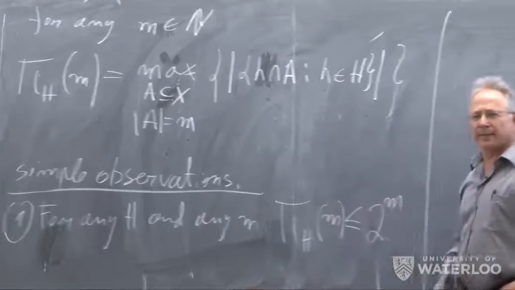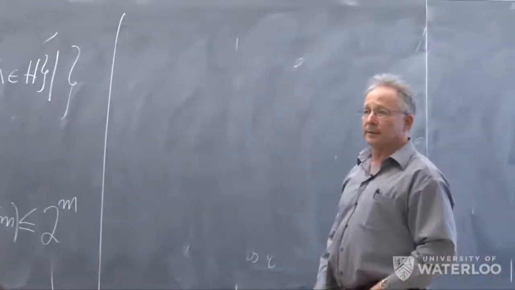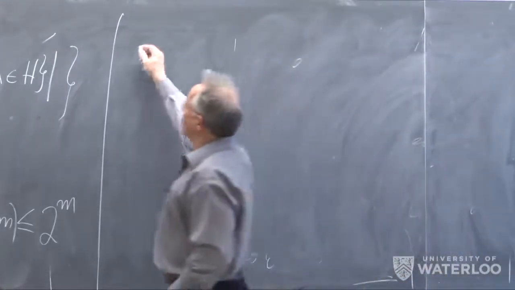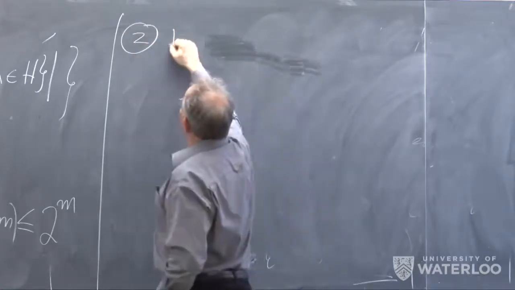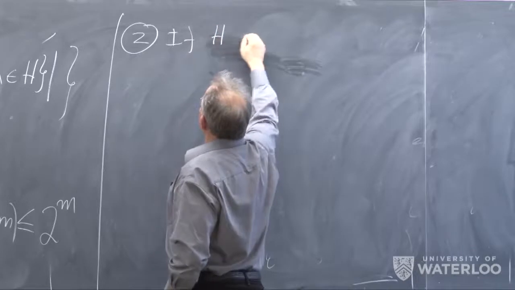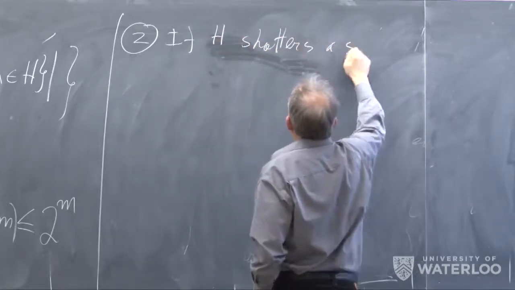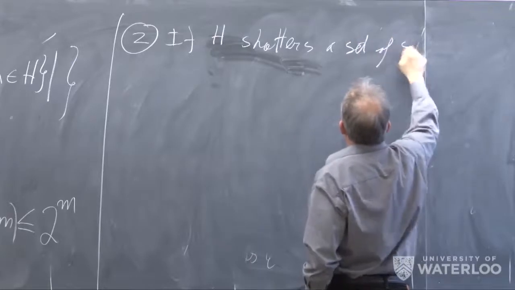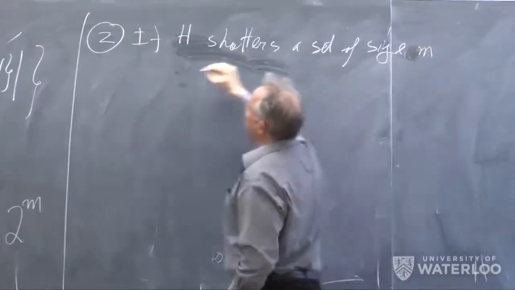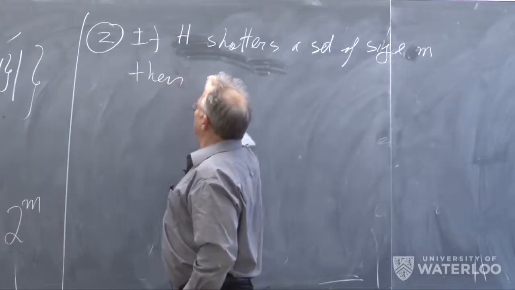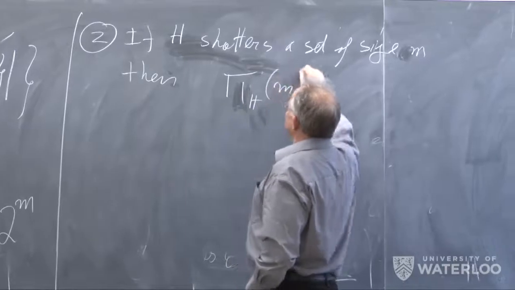But now we can see something that relates to shattering. Observation 2: if H shatters a set of size m, then what is going to be pi H of m?